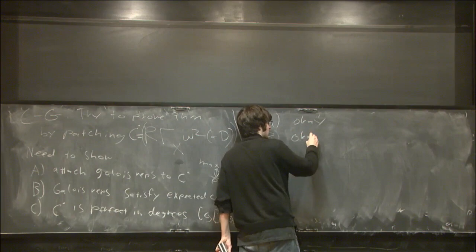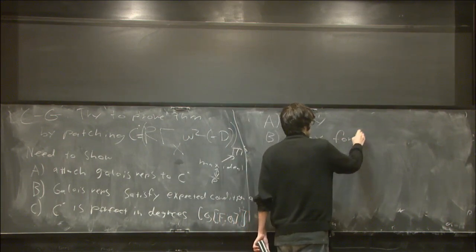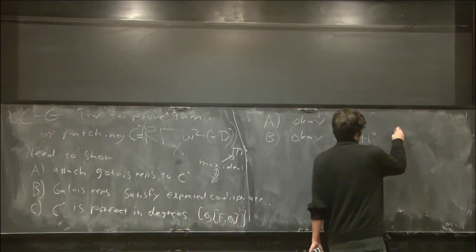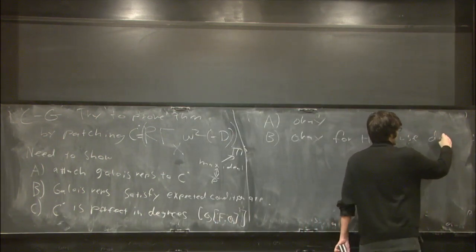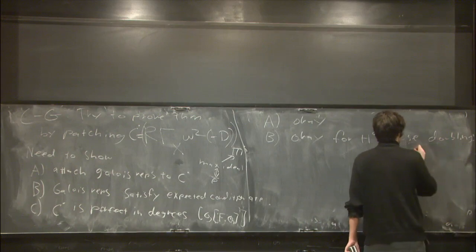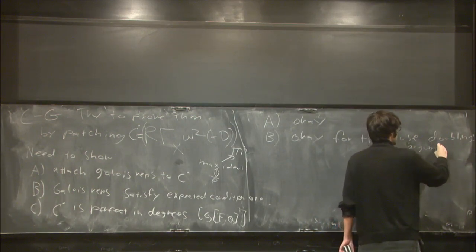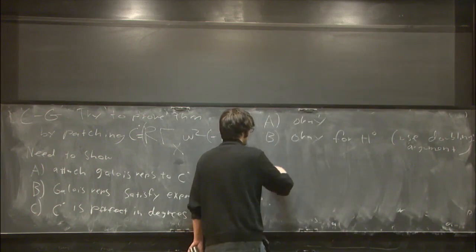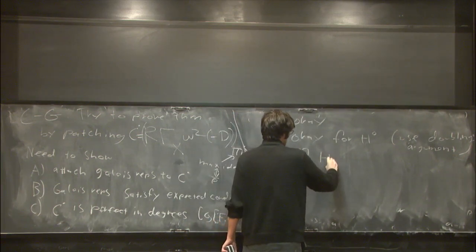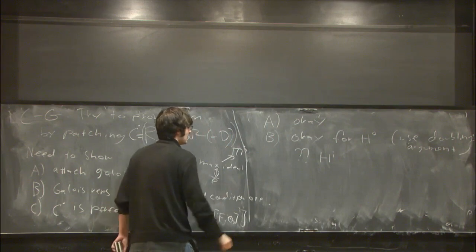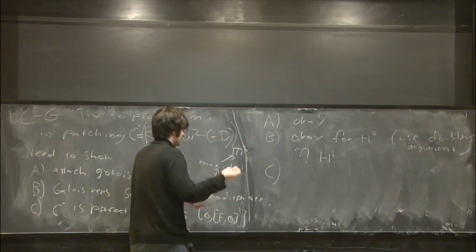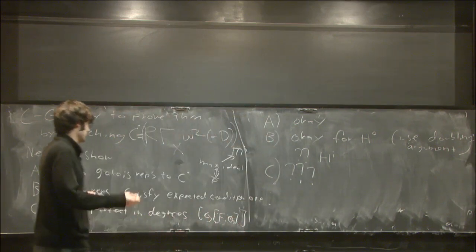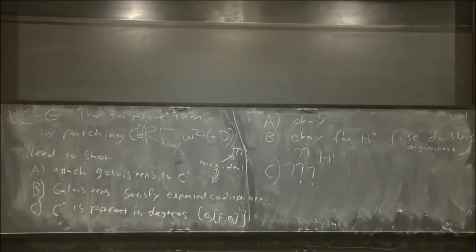It's OK for H naught, and this is by this doubling argument. But we have no idea for higher cohomology. And for C, we just have basically no idea. So we can't carry out the method of Calegari-Geraghty.